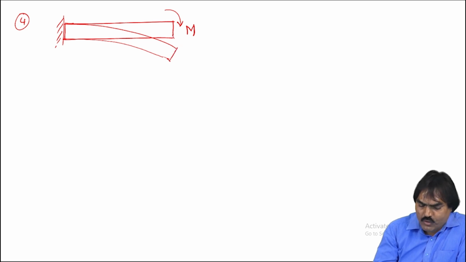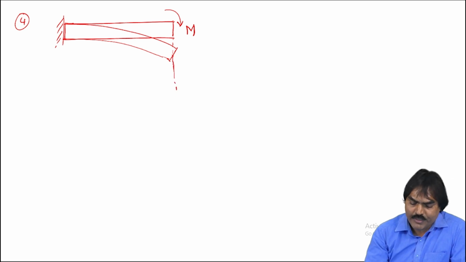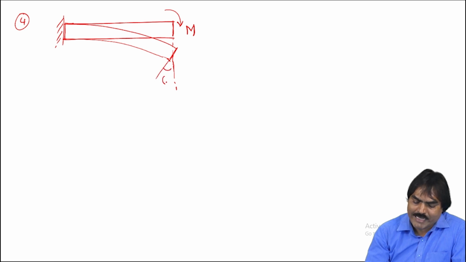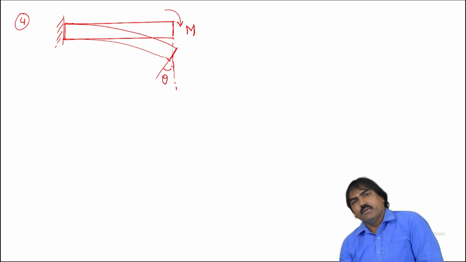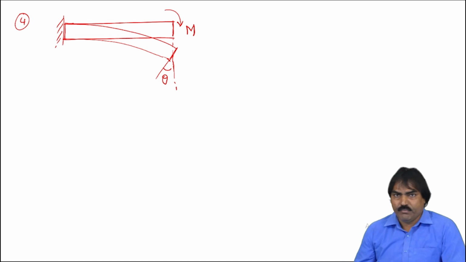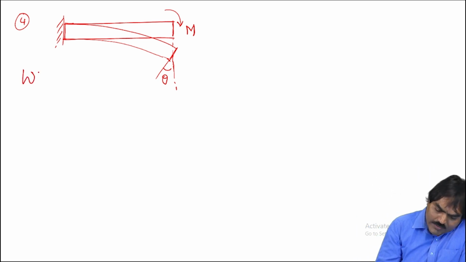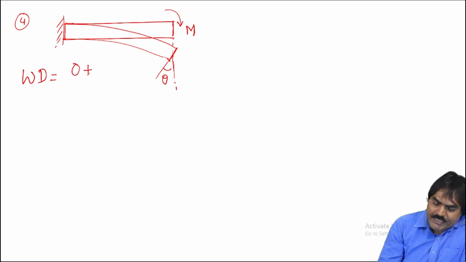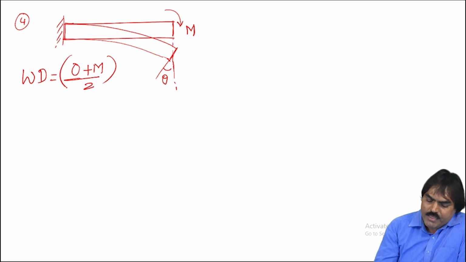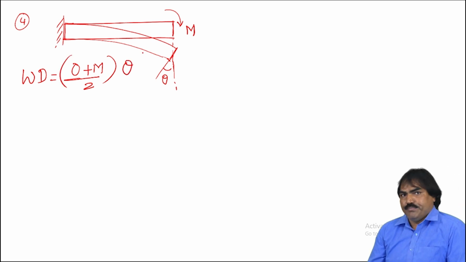See, this cross section before loading straight, after loading also straight, but undergoes an angle of rotation theta. That is called slope of the beam. Then the work done on the structure due to bending is defined as average bending moment, M by 2, into the slope of the beam.